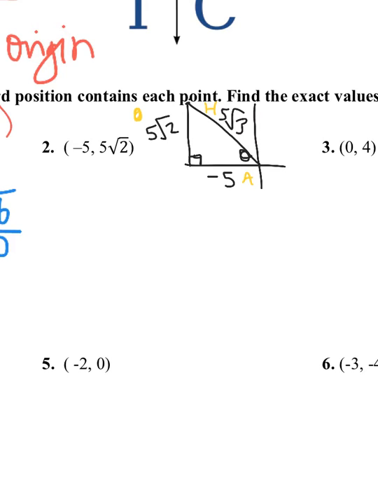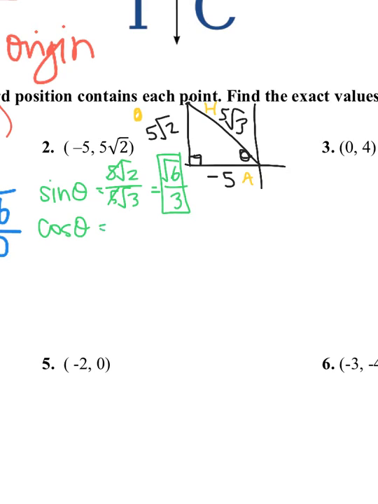Okay, so let's go ahead and write down some trig functions. So we have sine of theta being opposite over hypotenuse, reduces down to √2 over √3, which will rationalize to √6 over 3.